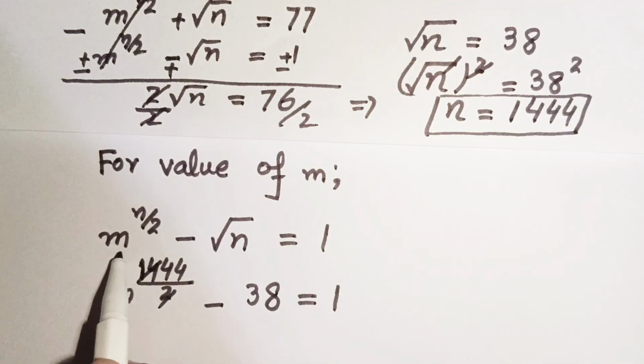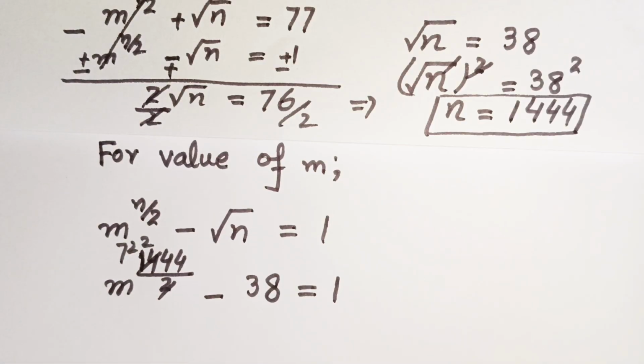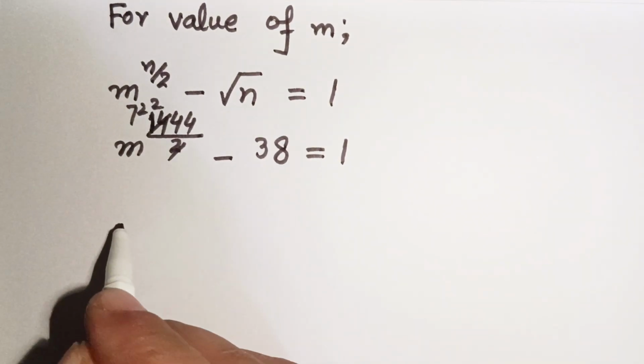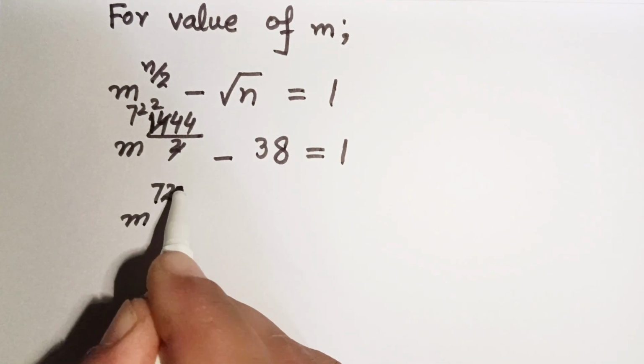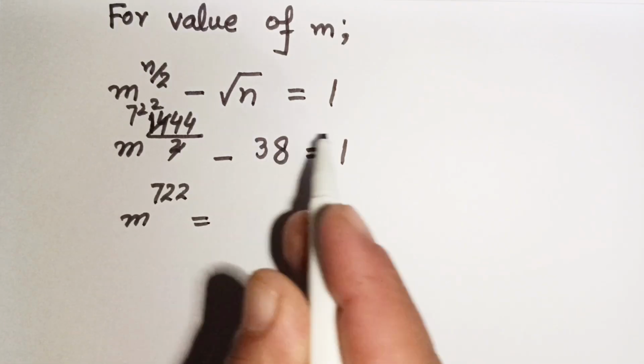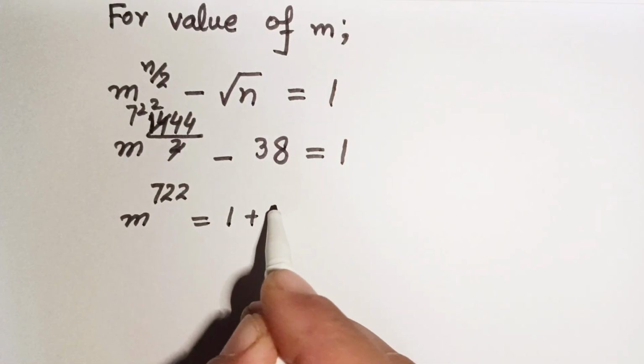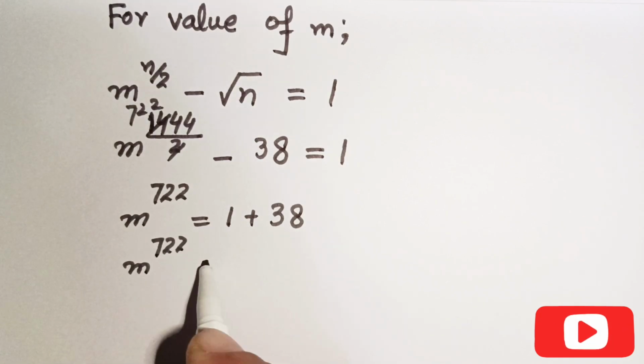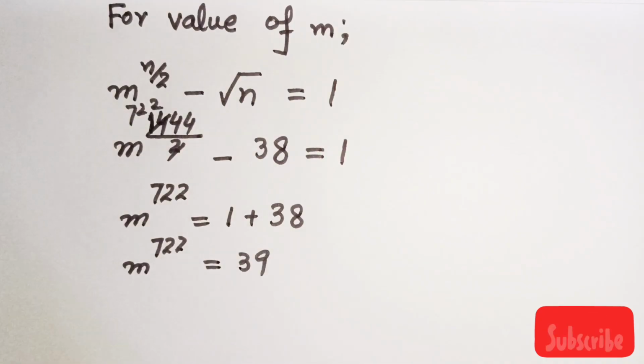So 2 1 is 2, 2 7s are 14, 2 2s are 4, 2 2s are 4, we get 722. Now here we have m to the power 722, and shifting this minus 38, so we will get 1 plus 38. Here m to the power 722 is equal to 39.